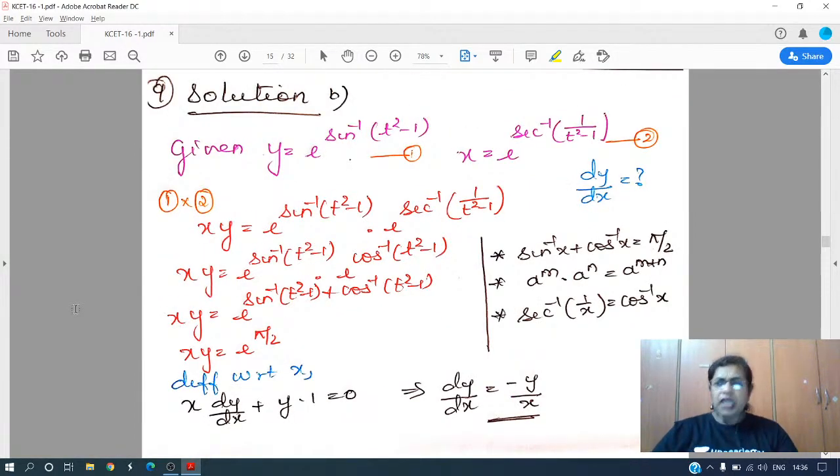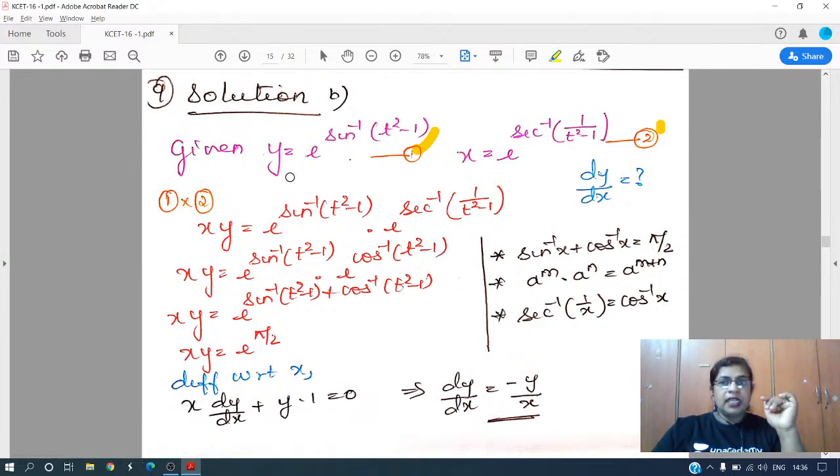Now, this is the first equation, that is y is equal to e to the power sine inverse t square minus 1. X is equal to e power secant inverse of 1 by t square minus 1. Let me give this as first equation and this as second equation. What is the parametric equation telling me?